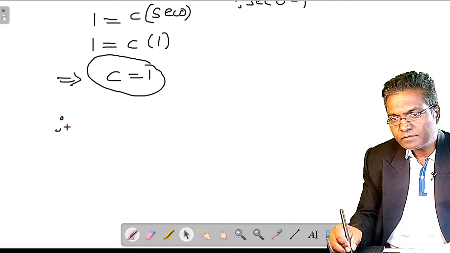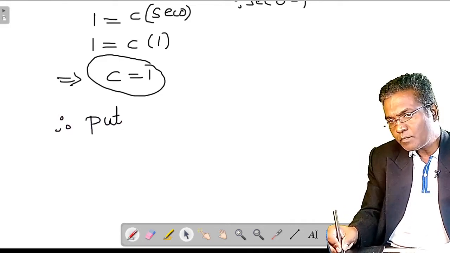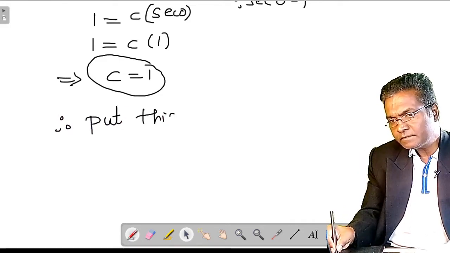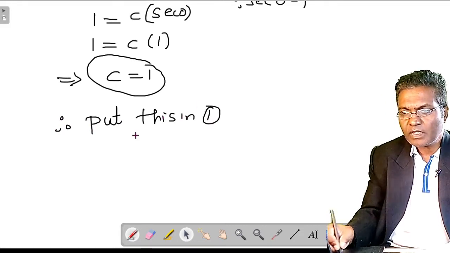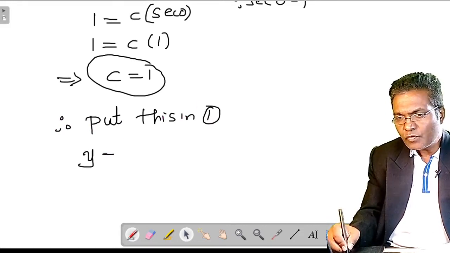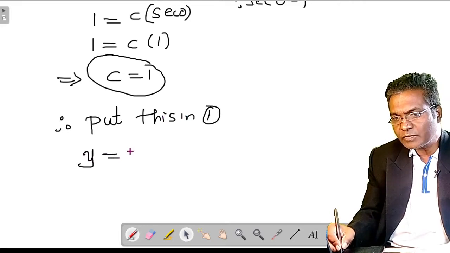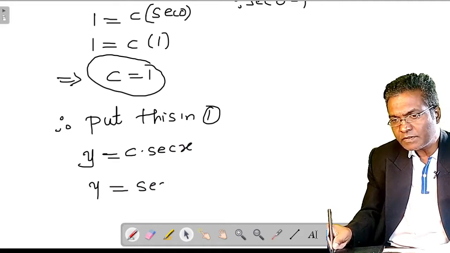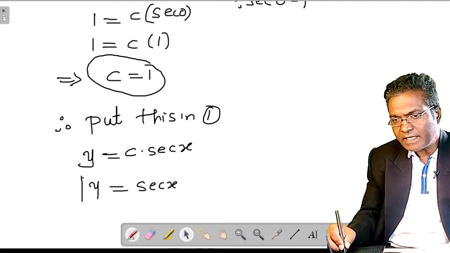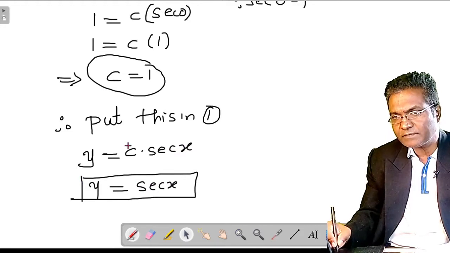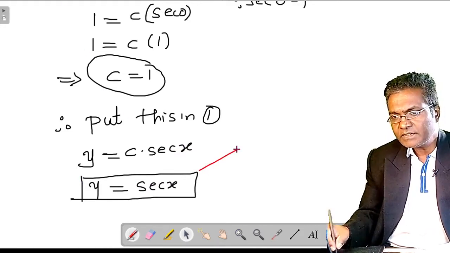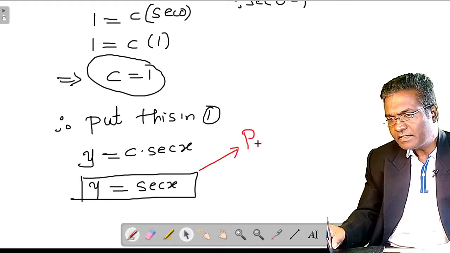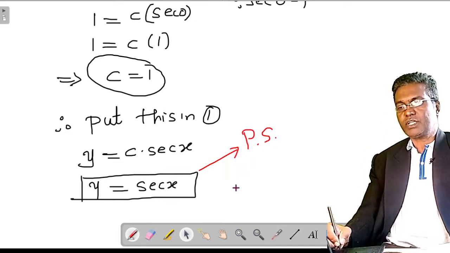So we have y is equal to c into sec x. So c is 1, that gives you secant x. So this is the particular solution.